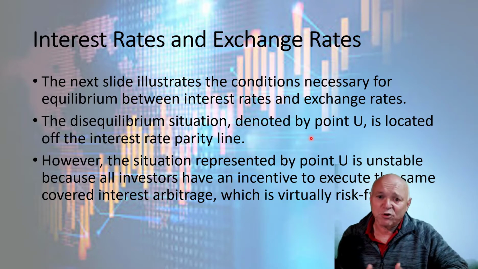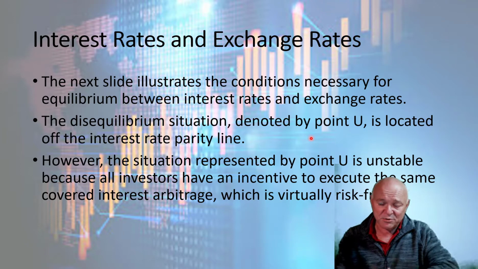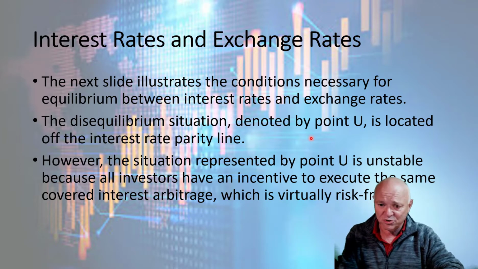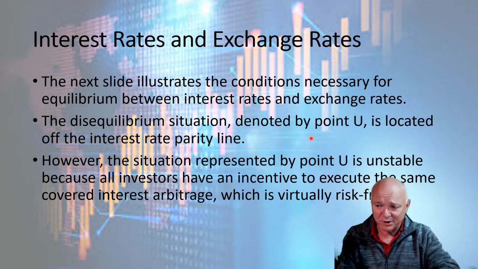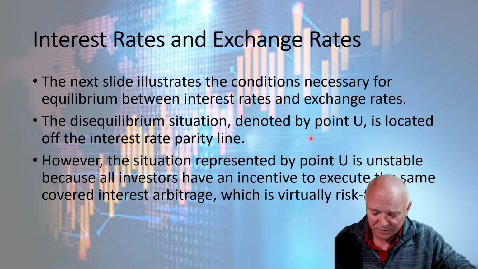Essentially, all of this informs us about interest rate parity. On the next slide, we'll take a look at some of the conditions for equilibrium between interest rates and exchange rates. And it's possible for us to temporarily be in a position of disequilibrium. But essentially, the pressures of time are going to push just about any disequilibrium position back into a type of equilibrium.